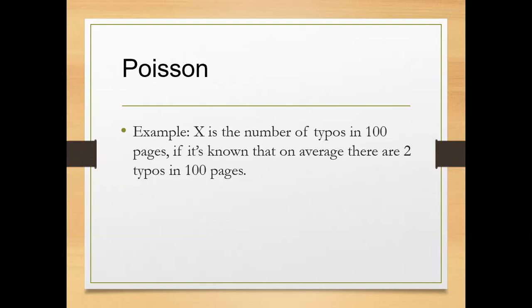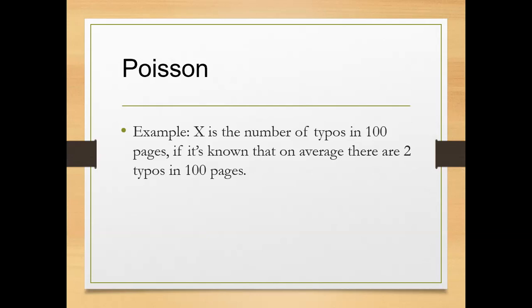So here's an example. X is the number of typos in 100 pages, if it's known that on average there are 2 typos in 100 pages. So X is going to have the Poisson distribution with parameter 2.